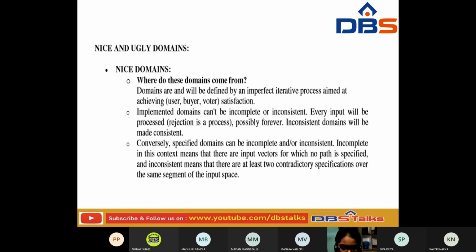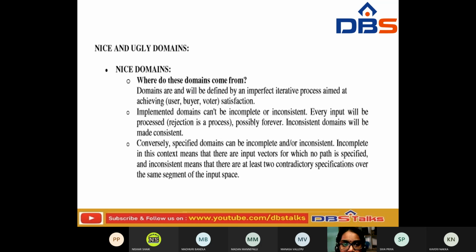Incomplete in this context means that there are input vectors for which no path is specified, and inconsistent means there are at least two contradictory specifications over the same segment of the input space.